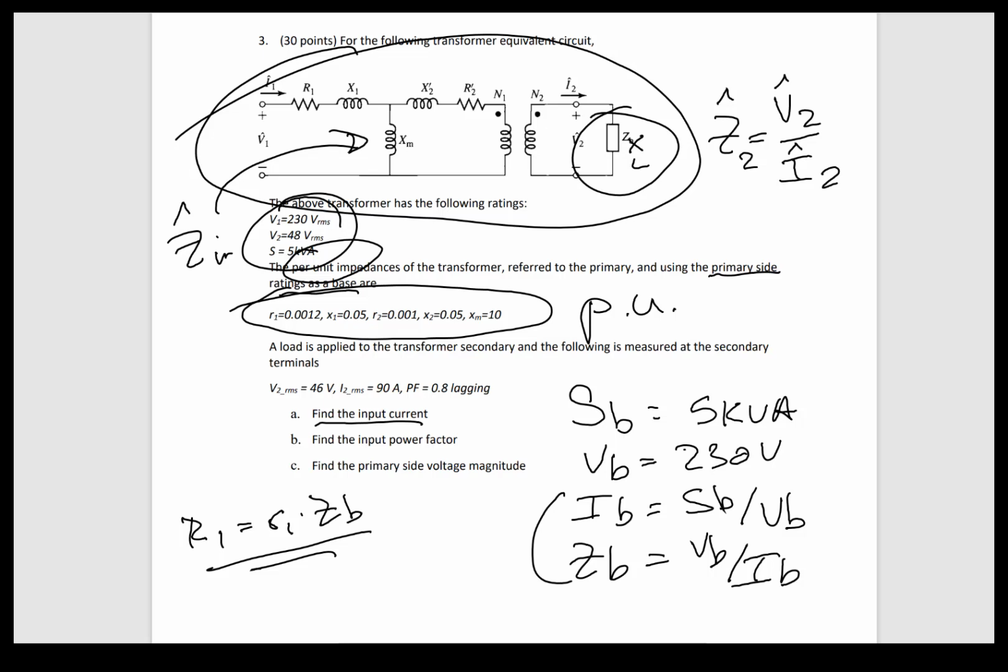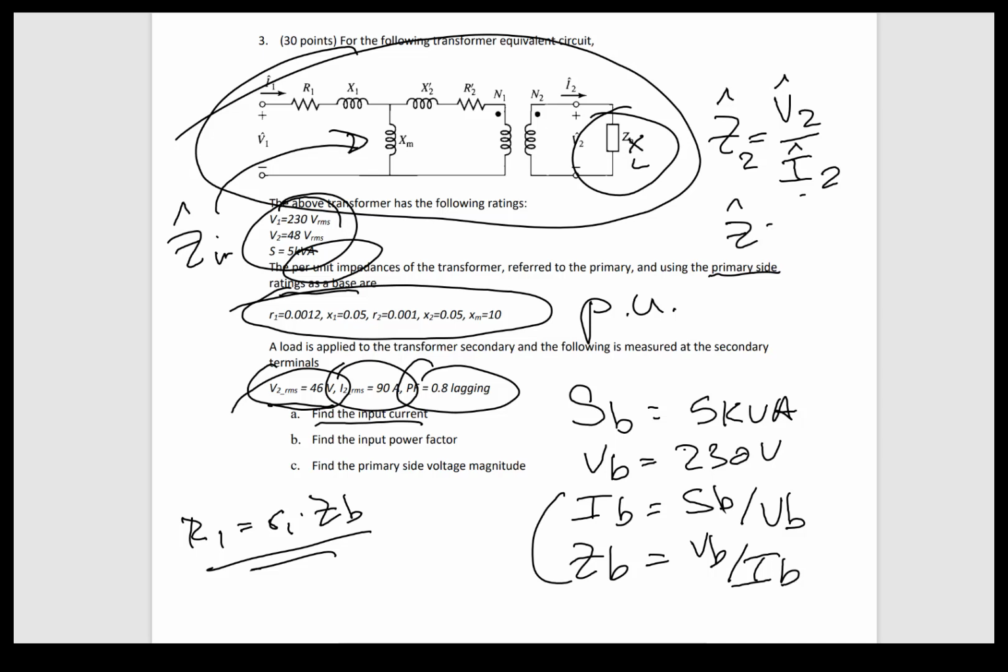And we gave you that because we said that for the load, there's V2 right there, and there's I2, and there's the phase angle. So we defined the power factor looking into the load, and that defines the angle of current.